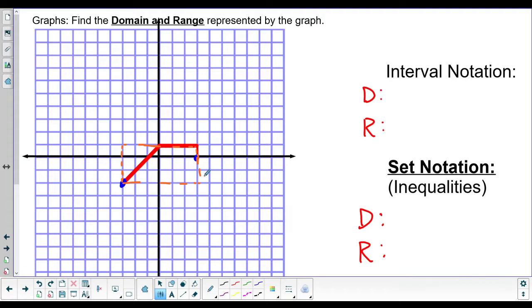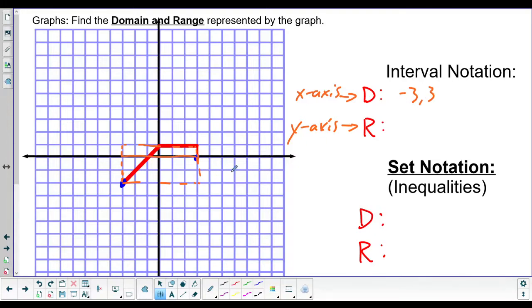Okay. Now, our domain goes with the x-axis, and our range goes with the y-axis. So let's look. How much of our x-axis is included in this thing? Okay, well, right there. We go from negative 1, 2, 3, all the way over to 1, 2, 3.